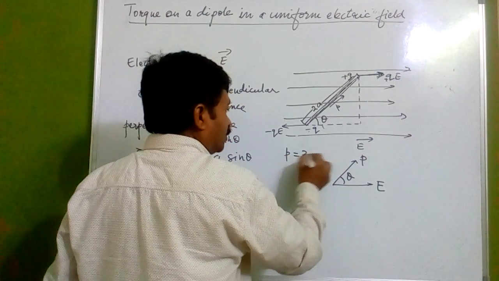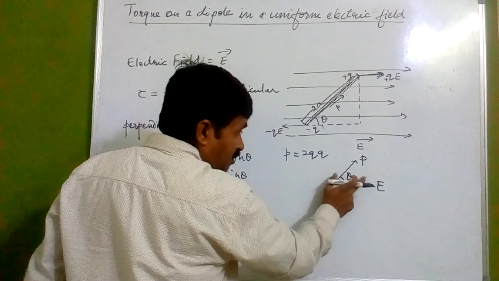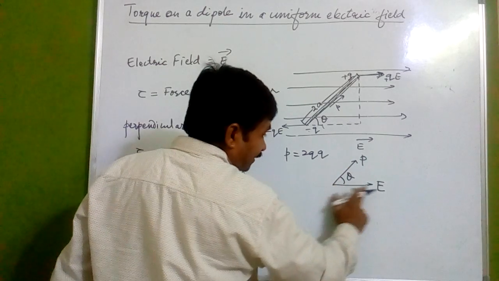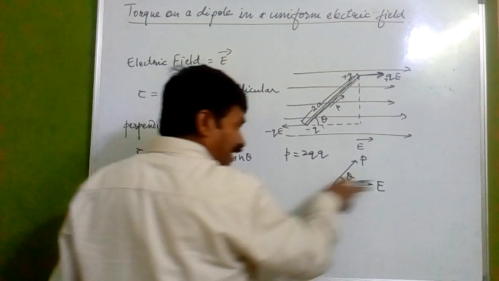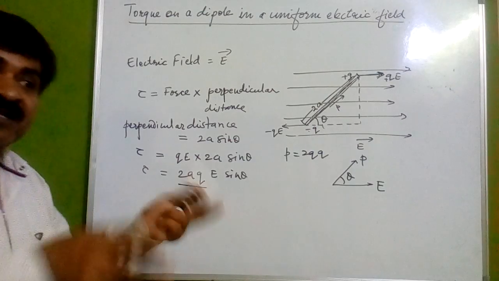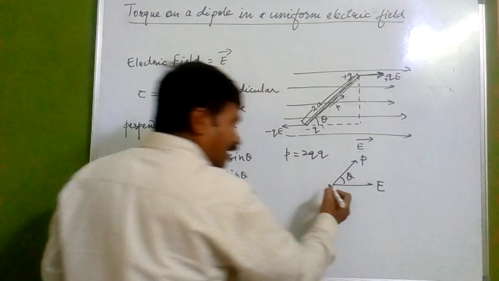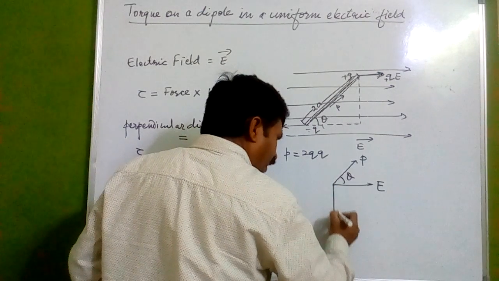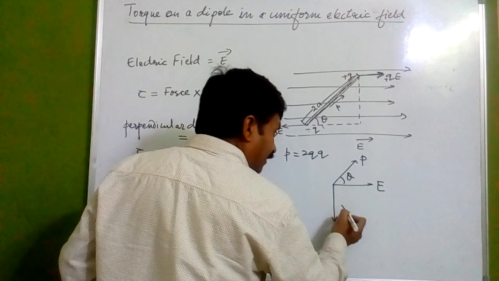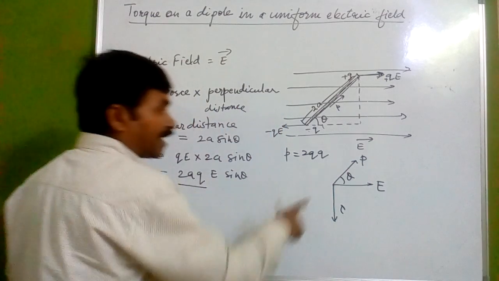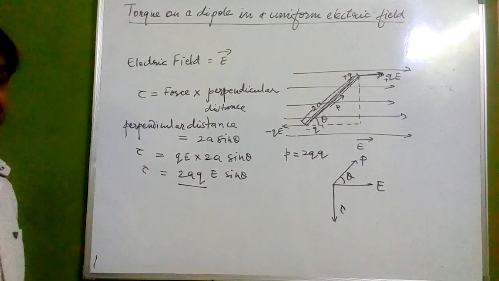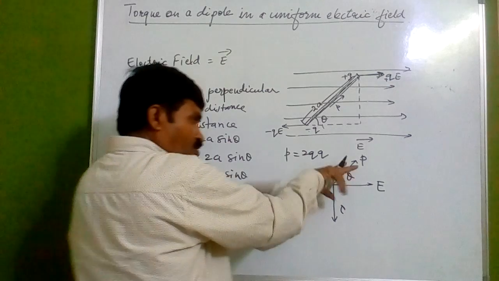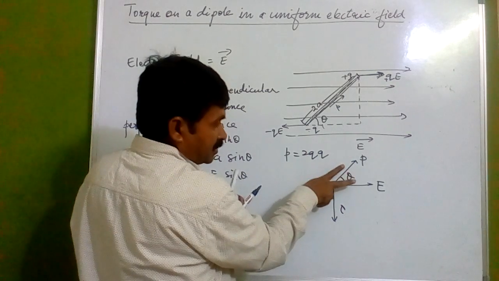The dipole moment is acting in this direction, and the electric field is acting in this direction. Both are vector quantities, so there will be a torque in the direction perpendicular to the plane of these two vectors.